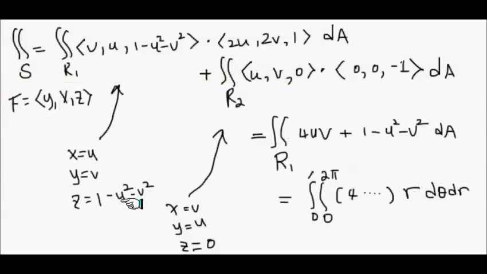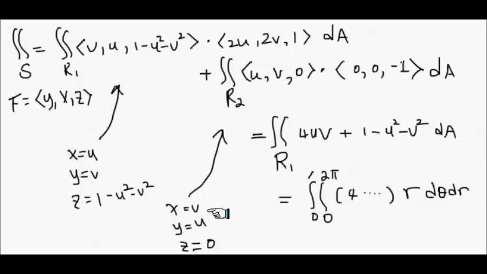So I wrote down the final bit. The surface integral of this vector field is broken into these 2 double integrals as we use the parameterization. The vector field was y, x, z. If you look at R1, let me show you the parameterization of R1. Here, x was u, v, 1 minus u squared minus v squared. That's the parameterization used here. When you rewrite this one for S2, you have to use its own parameterization.